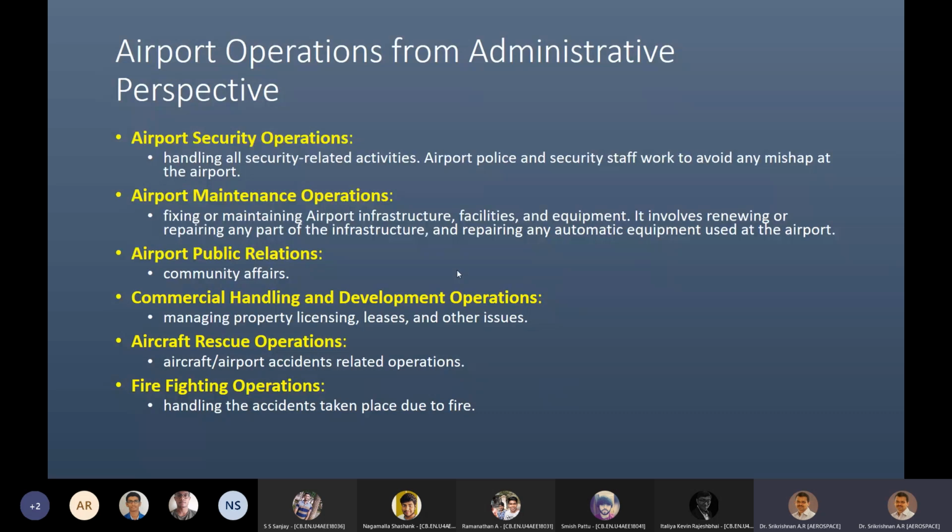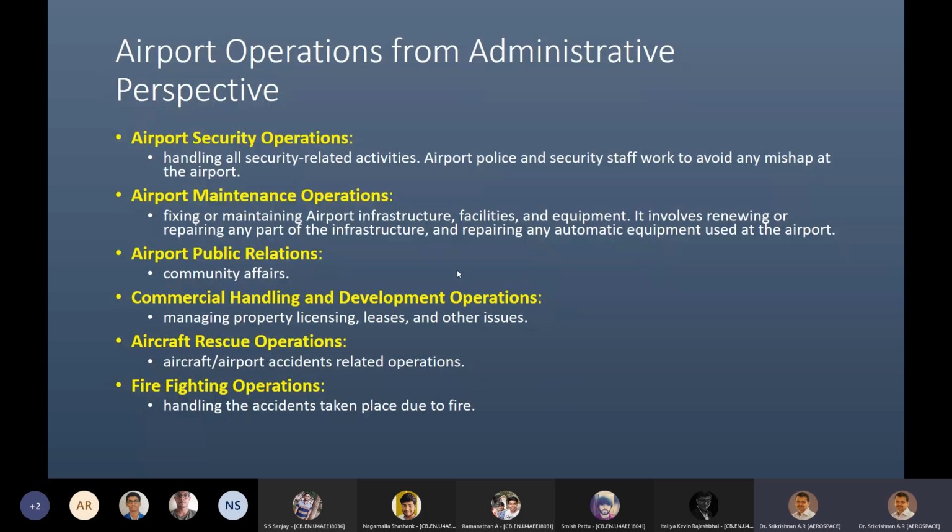And an airport cannot function in isolation from the public, obviously, right? So there should be a healthy, sustained, cordial relation with the public who uses, or who in any manner is connected with the operations of the airport.